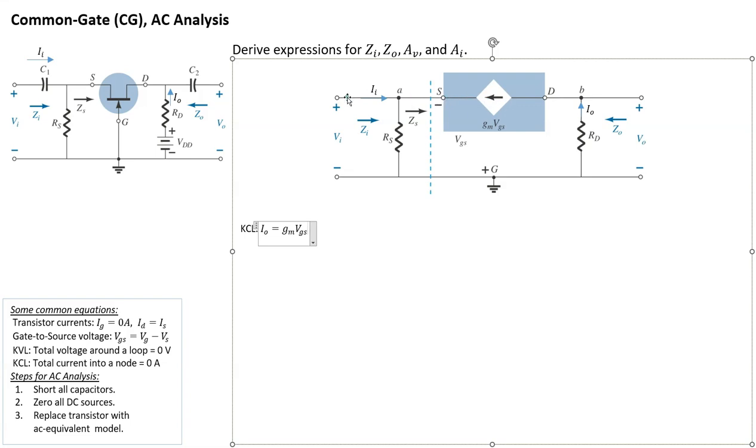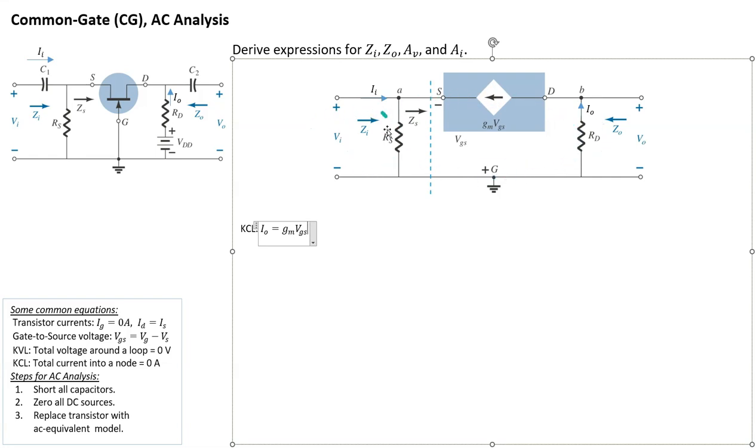Together they join and come down through RS, and then II splits back to the left, back to the source, and GMVGS flows to the right towards IO, towards RD. So that is the GMVGS loop.